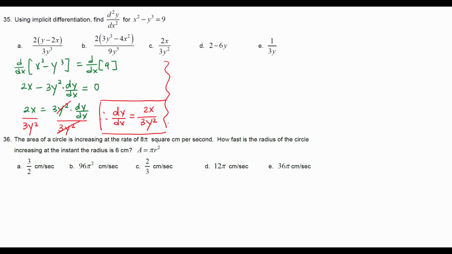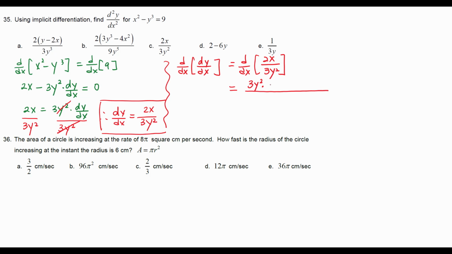Now we want to find the second derivative, and to do that, we need to use quotient rule, since our dy/dx is a quotient. So we are going to take another derivative of dy/dx, both sides with respect to x. Then I get the derivative of 2x over 3y squared. I use quotient rule.